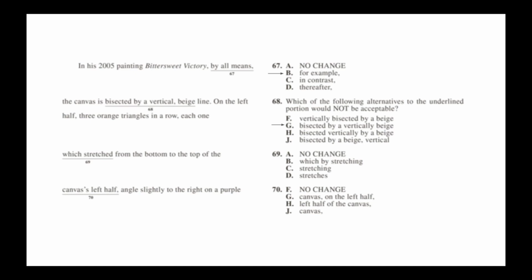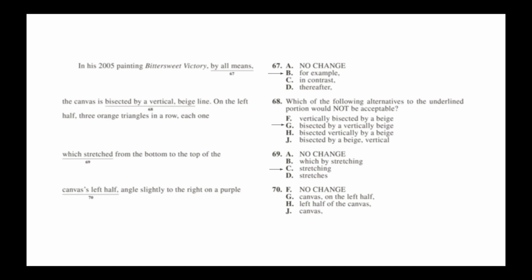You wouldn't say each one stretches from the bottom to the top of the canvas's left half, because that clause that starts with each one isn't a main clause, it's just a non-essential or unnecessary clause that is adding more information to the sentence. So the only correct option would be stretching.